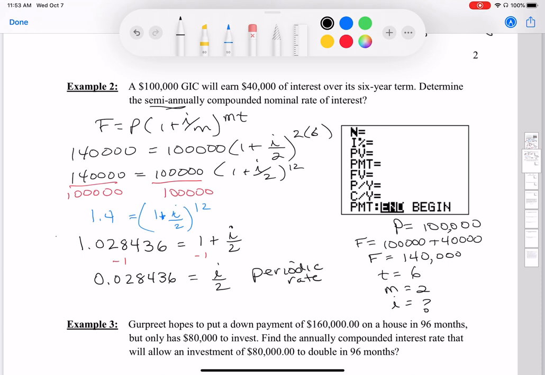And if we want the nominal rate, then we have to solve for I. So we're going to multiply both sides of the equation by 2 for an answer of 0.0568723. This is our nominal rate.